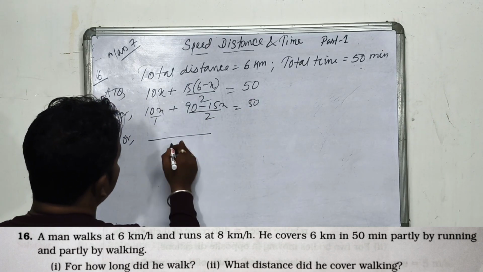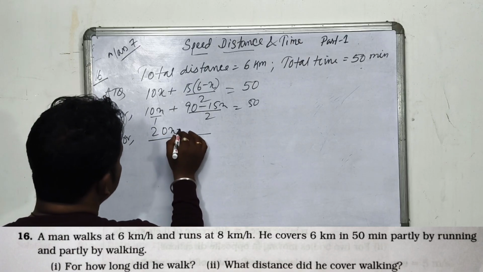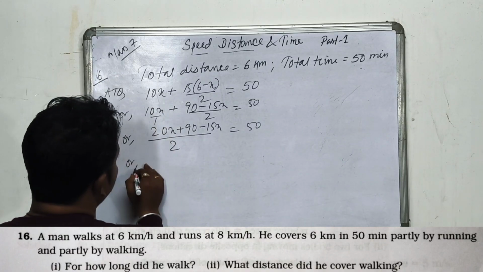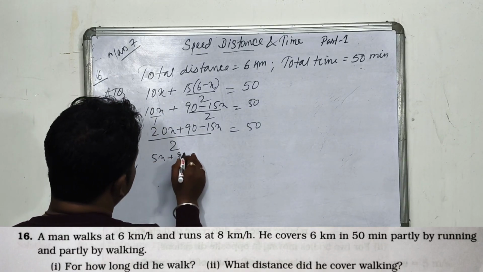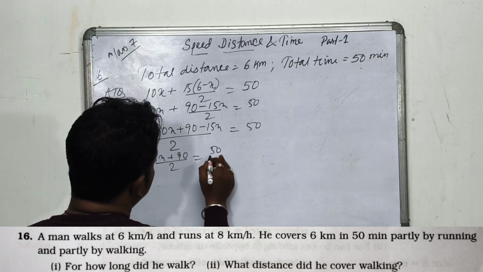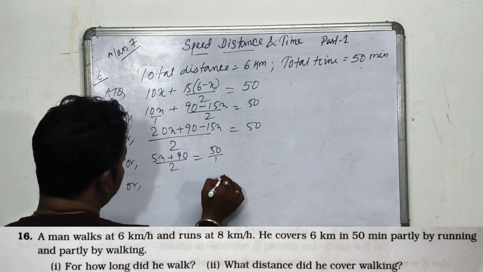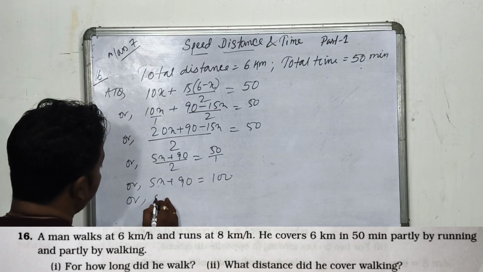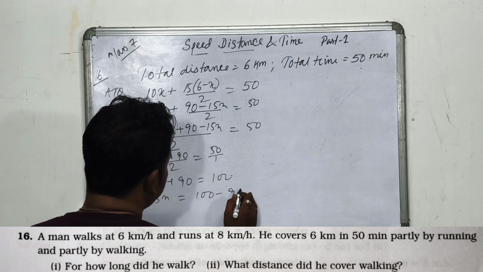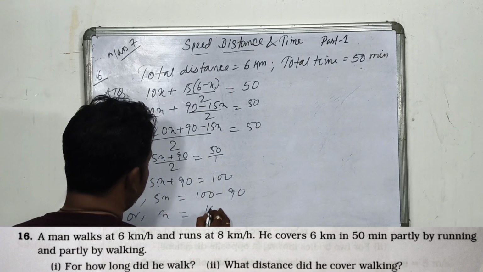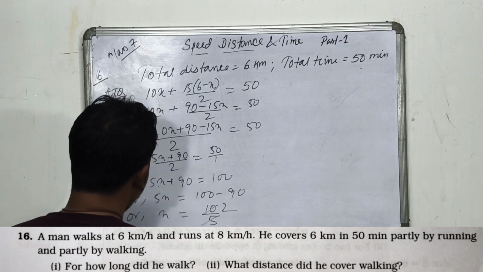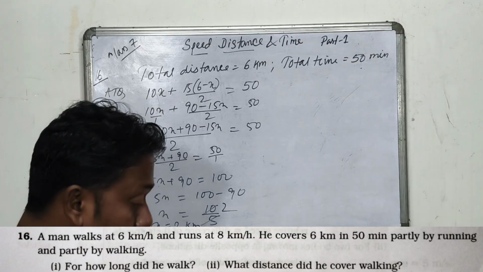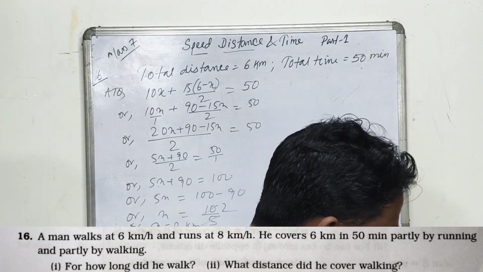Taking LCM 2, 20x plus 90 minus 15x is equal to 100. 20 minus 15 means 5x plus 90 is equal to 100, or 5x equals 100 minus 90, or x equals 10 by 5, or x equals 2 kilometer. So x equals 2 kilometer.